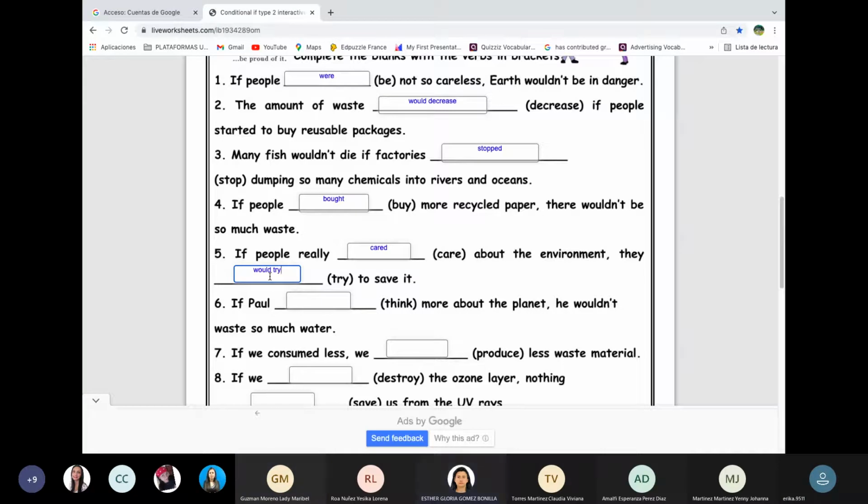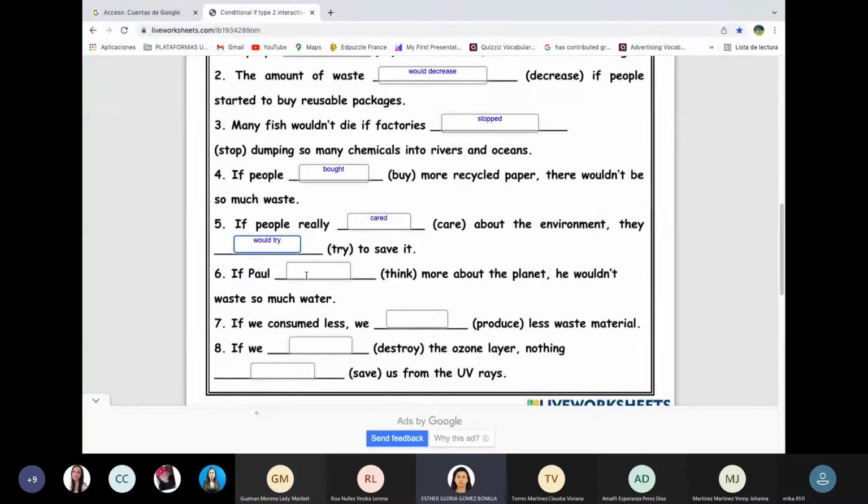Very good. I invite the students who haven't participated to participate. Now, if Paul, the verb in past tense, more about the planet, he wouldn't waste so much water. What is the past tense? Thought.